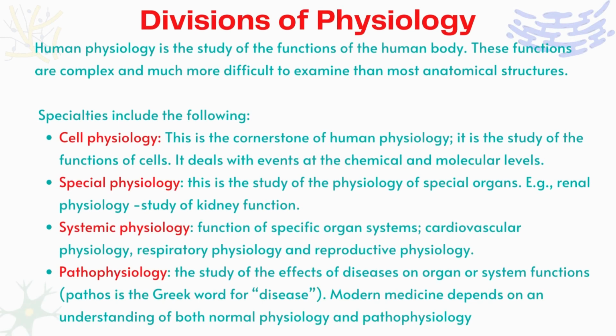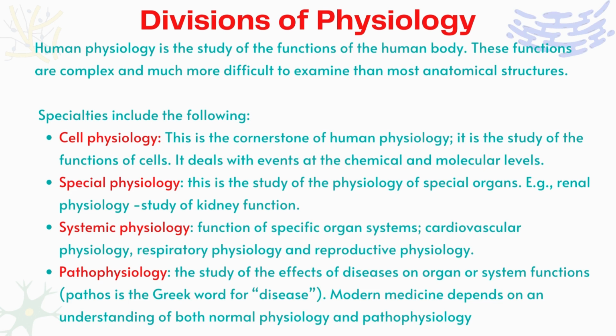Now, let's go to the divisions of physiology. Because physiology focuses on the functions of the human body, some of its divisions are complex. They are more than those of anatomy. Some of the specialties under physiology include the following.